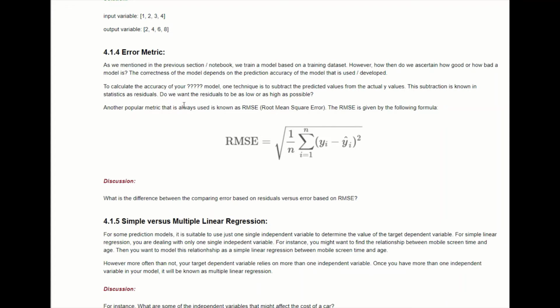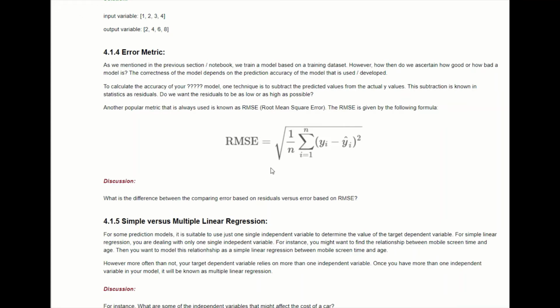Another popular metric is the root mean square error, and it is given by this formula over here. So what is the difference between the residual error and the root mean square error? The residual error is a sum of all the errors, disregarding whether the residuals are positive or negative.